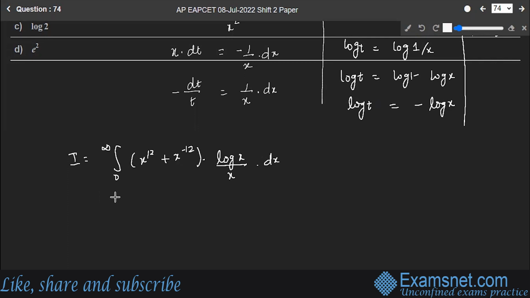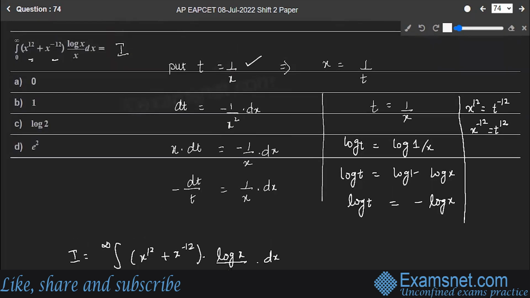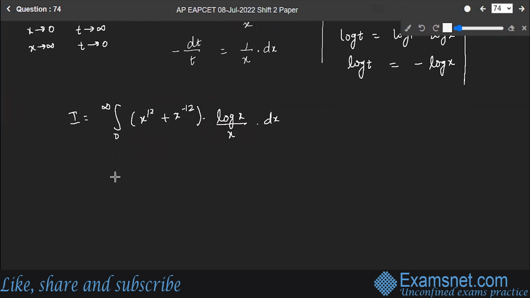If I'm doing so, the limits will also interchange. Why? Because t was equal to 1 by x. So when x approaches 0, t will approach infinity, and when x will approach infinity, t will approach 0. So the limits will be interchanged, right?